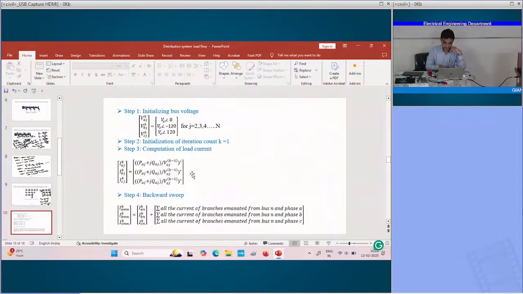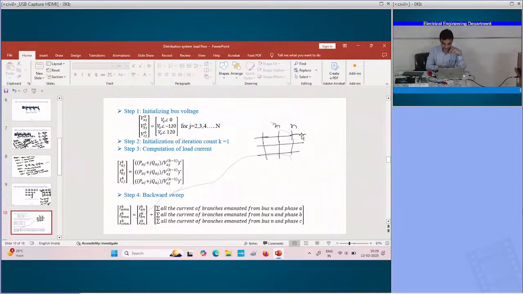If I consider any line, we have a node M and a node N for all three phases, and we can calculate it based on this calculation.